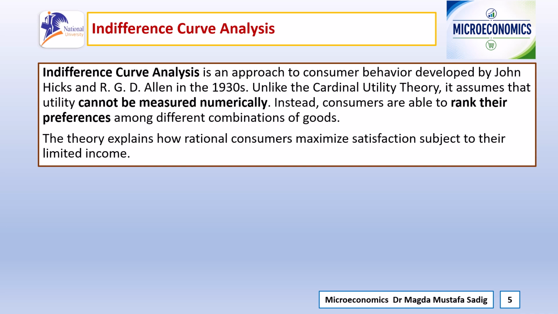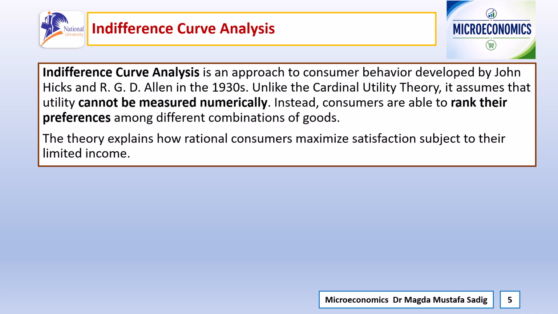To solve this problem, the economists John Hicks and R.G. Allen developed the theory of indifference curve analysis in 1930, and their approach is based on a much more realistic assumption.